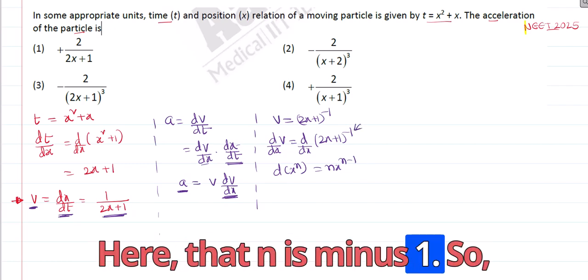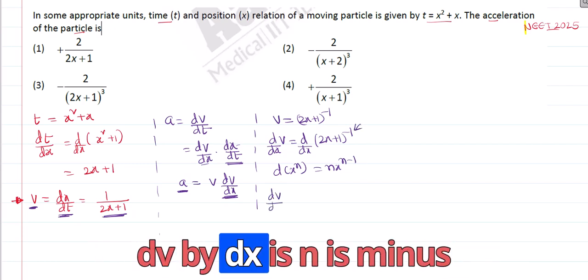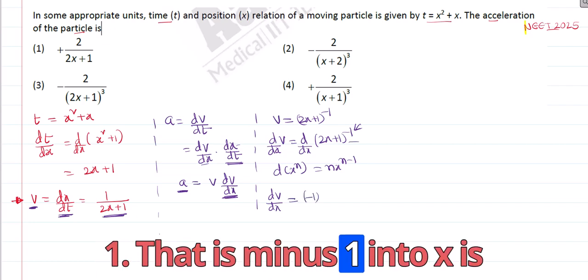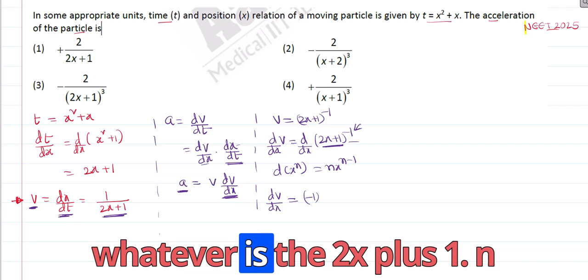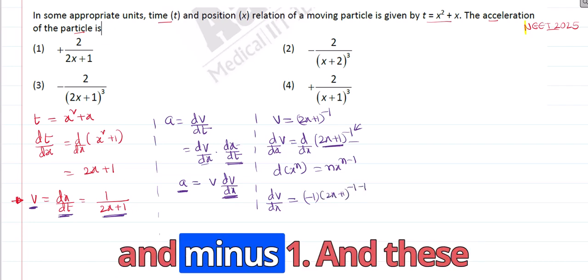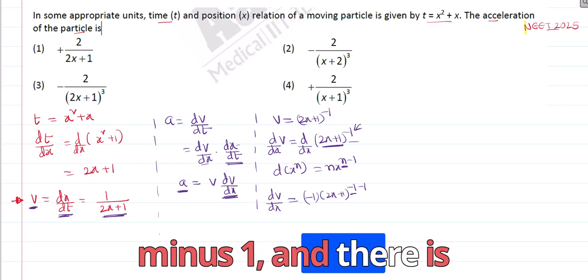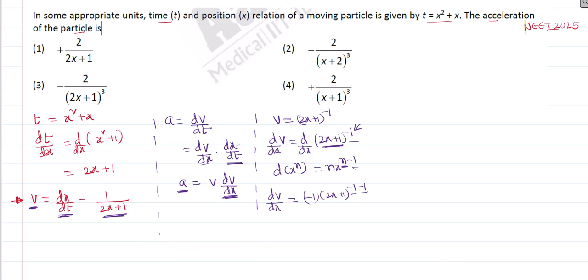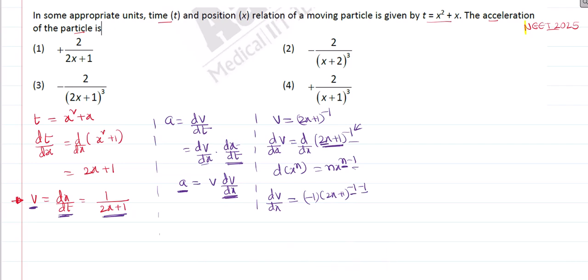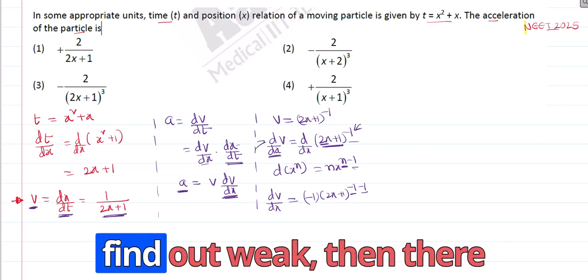Here n is minus 1. So dv/dx is minus 1 times, whatever x is there, (2x + 1). n minus 1 means minus 1 and minus 1. n is minus 1 and there is another minus 1.